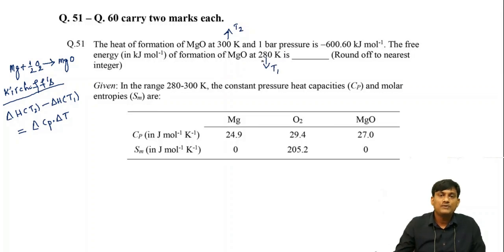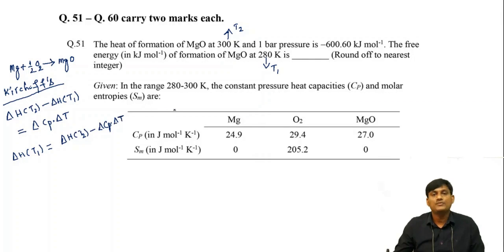You have to find out delta H at 280 Kelvin. Then delta H T1, that is at 280 Kelvin, is equal to delta H T2 minus delta Cp into delta T.